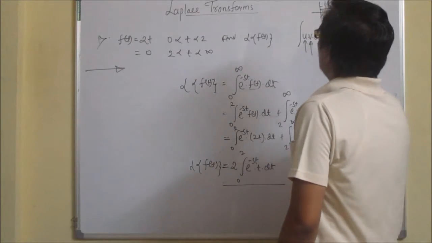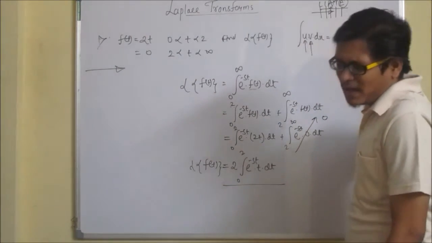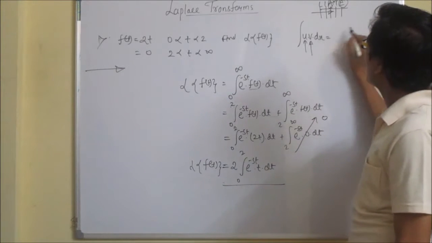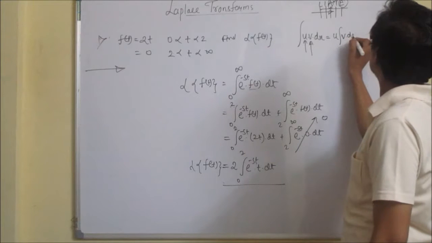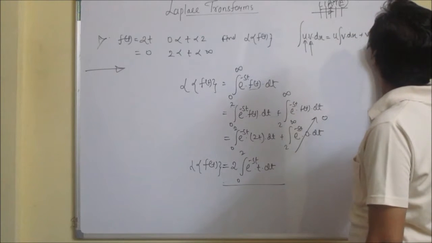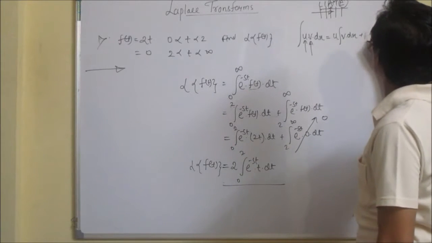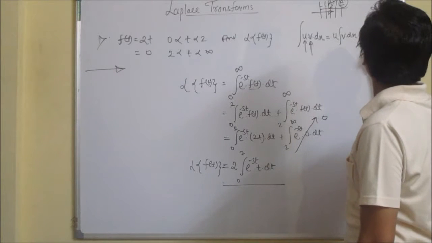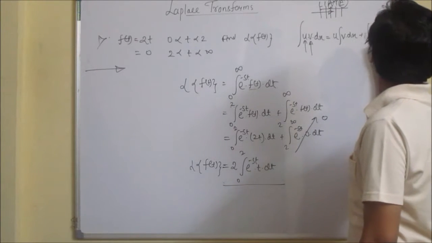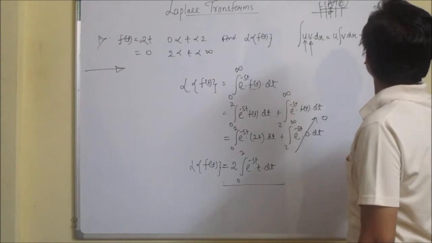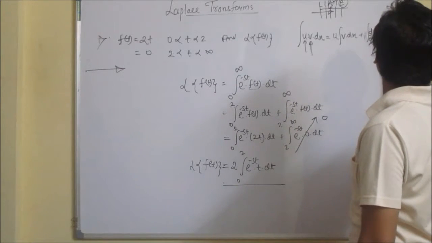So by integration by parts rule, the formula of integral of u v dx is u times integration of v dx minus integration of d by dx of u times integration of v dx.